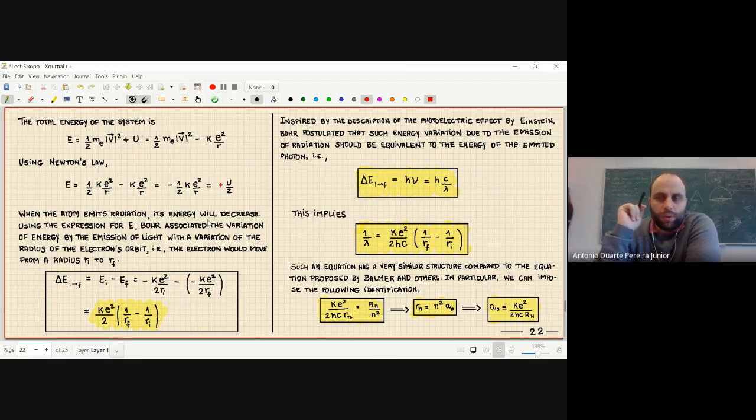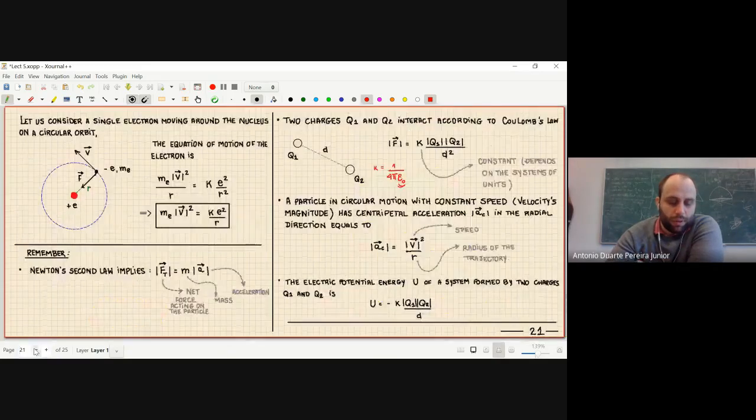What Bohr did was the following. He said, when the electron emits radiation, it will move from this trajectory, which has some radius r, to some trajectory that has a smaller radius, but that will still be a circular trajectory.